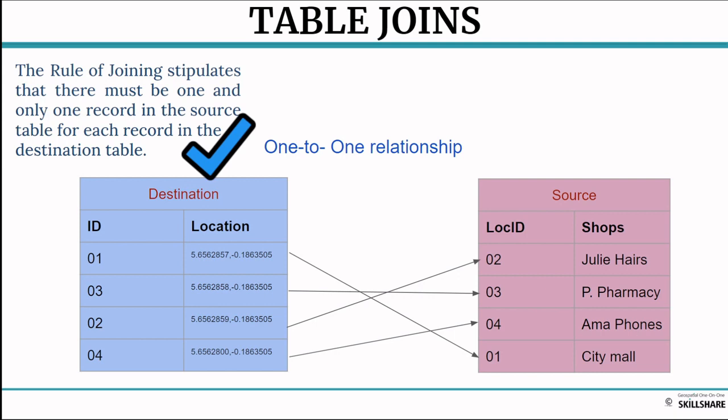So there should be one record in that source table that matches with the next record in the destination table. For the source table we need only one record, but in the destination table, we can have multiple records. I'll explain this when we come to it. So this is a one-to-one relationship.